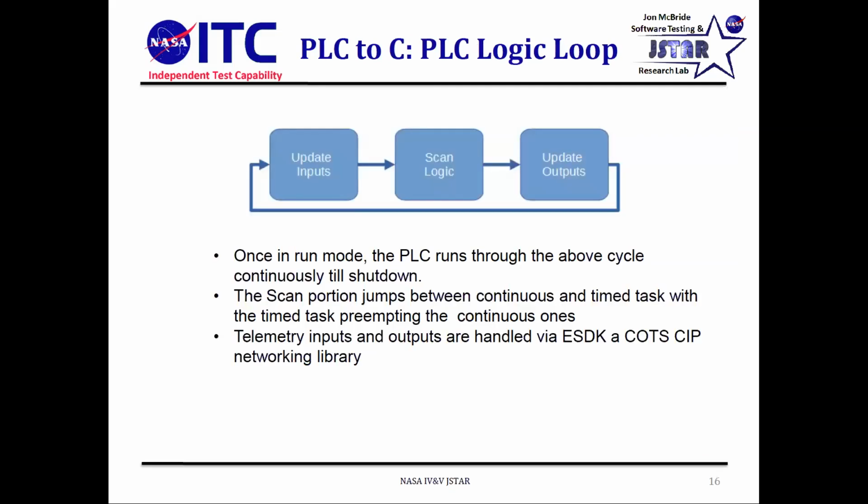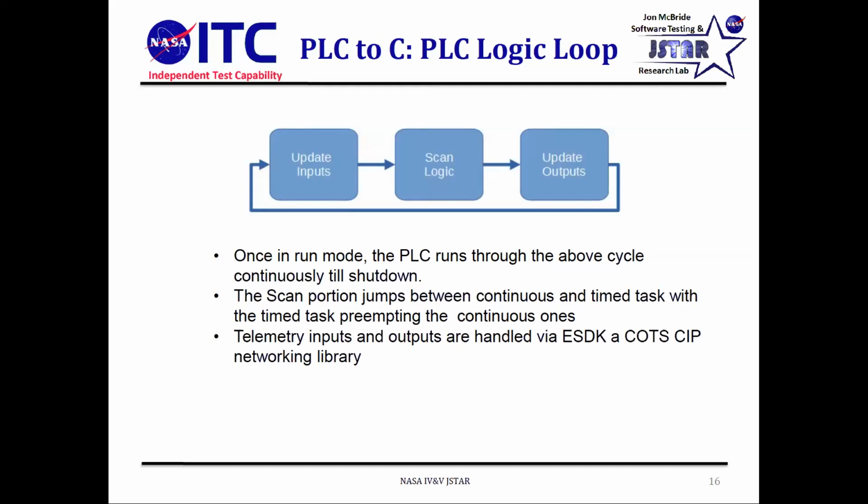So once the PLCs are started up, they run through essentially a continuous cycle until shutdown and continuously scan over their logic, where the inputs update, you run through the functions, be they FBD, RLL, or ST, based on task timing and scheduling and all that, whatever the task at hand is.